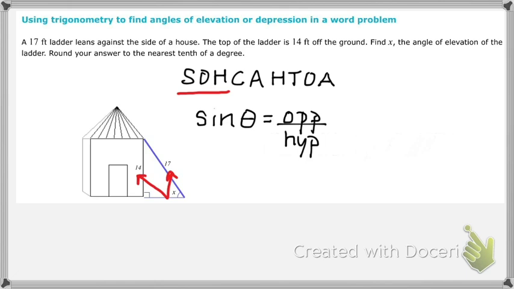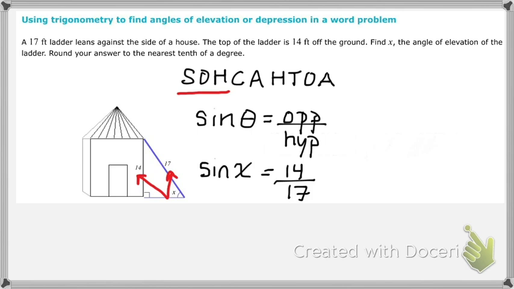And the angle is what I want to know here. We're calling the angle x if we use the picture. So the sine of x is what I'm looking for. And then the opposite I can see is 14, the hypotenuse 17. And then solving for x here, we are thinking about what angle has a sine value of 14 over 17.